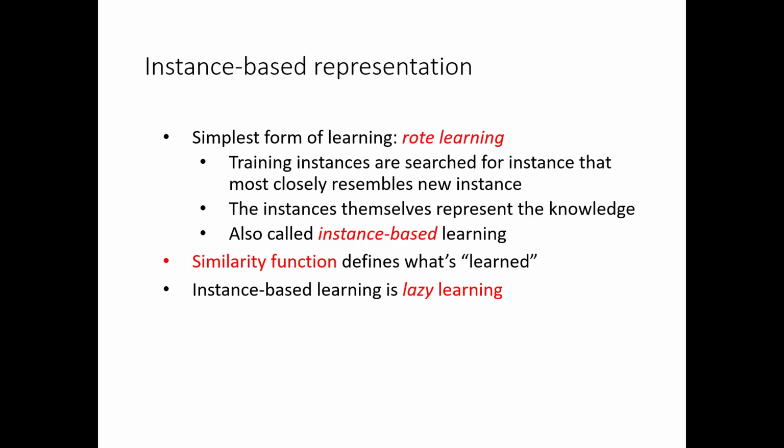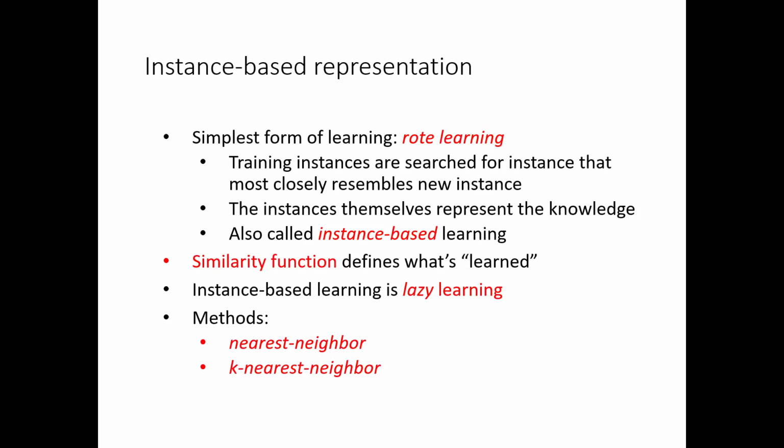Which means we delay our learning process until we get some test set. So when you get a test set, each test instance you compare with what is already in the database, the instance space, and then based on the nearest instance, you make the decision. So that's what will happen in instance-based representation.